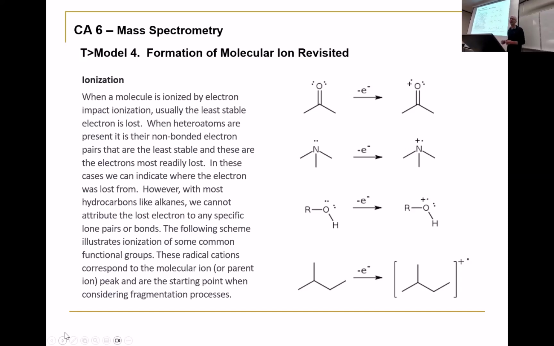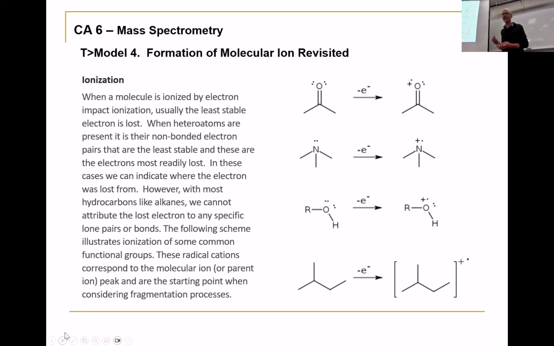Where exactly is the radical, the single electron? It could be in multiple places, so we draw a bracket and we show this. However, for functional groups like ketones, carboxylic acids, amides, amines, alcohols, ethers, the most likely electron to be knocked out will be one of the electrons associated with that heteroatom.